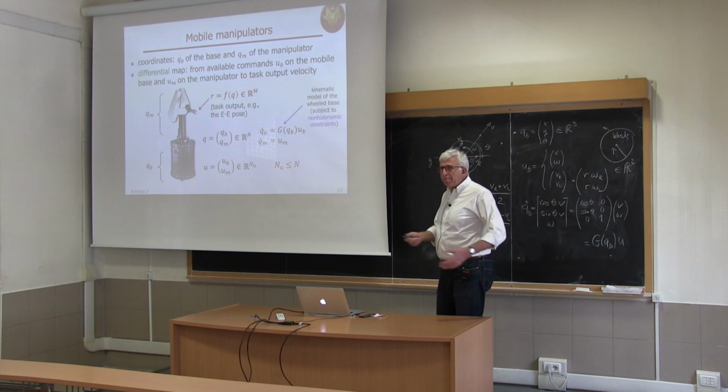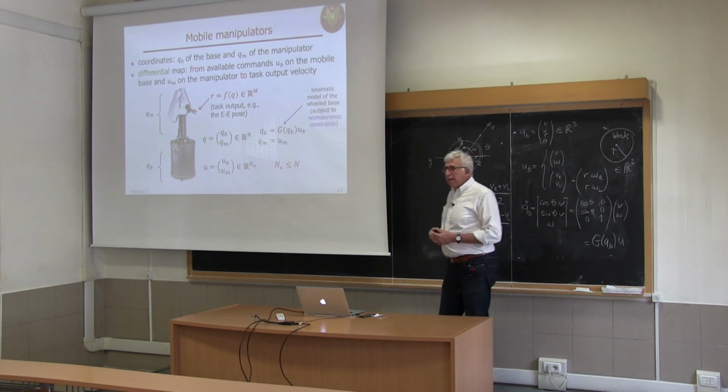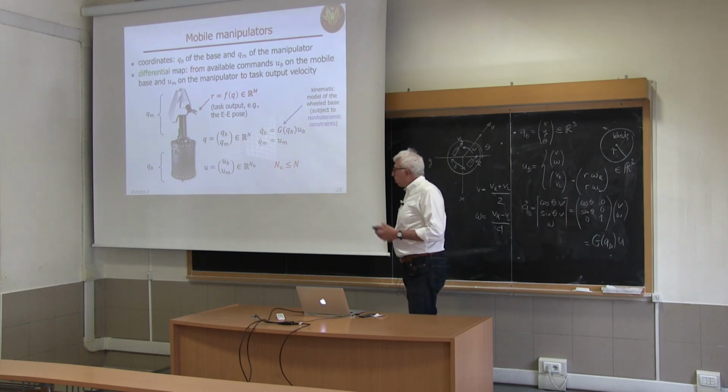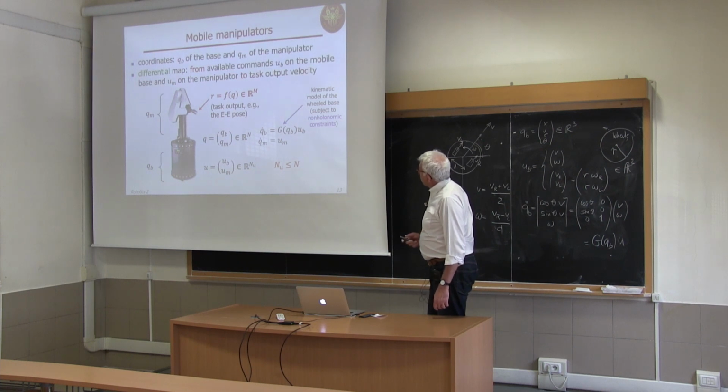It's just one example. You can assume more complex bases like a car-like or a car with trailers and so on. But this is enough for our purposes to understand what happens to the kinematic situation for this robotic structure.